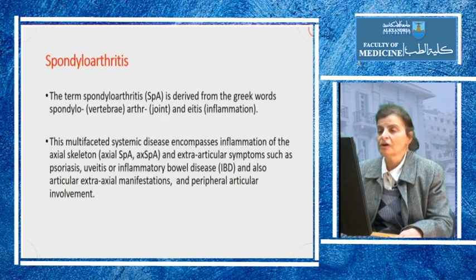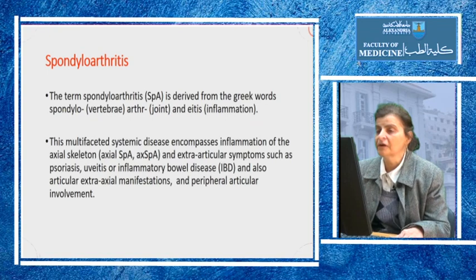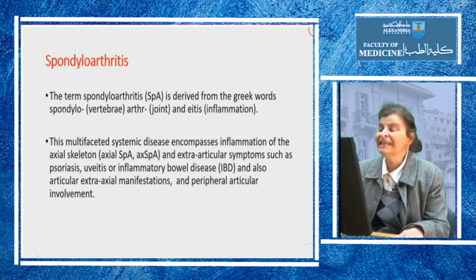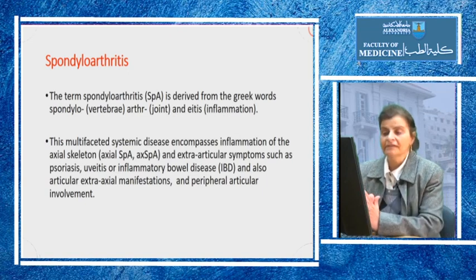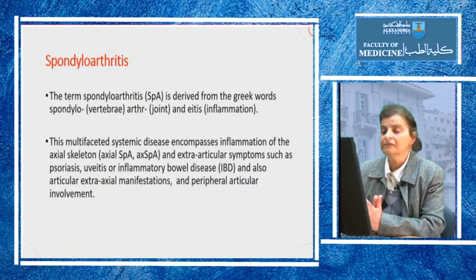First of all, we'd like to start off by defining what spondyloarthritis is. This term is derived from two Greek words: spondylo, meaning vertebrae, arthra, meaning joints, and the third, itis, meaning inflammation. It's a multifaceted systemic disease. We should know that it encompasses inflammation of the axial skeleton, which we call axial SpA or spondyloarthritis.